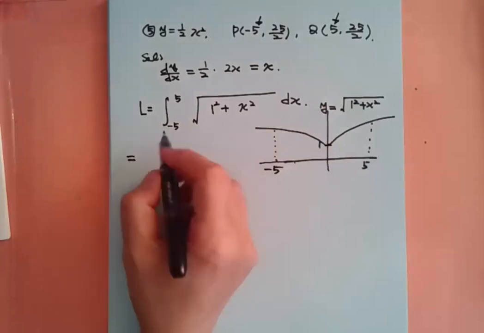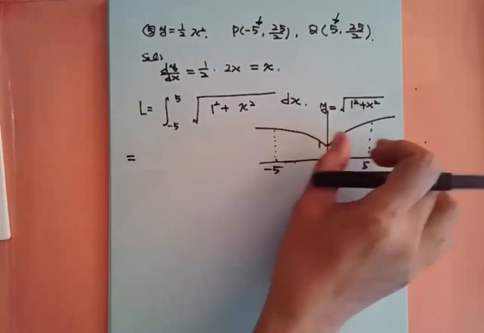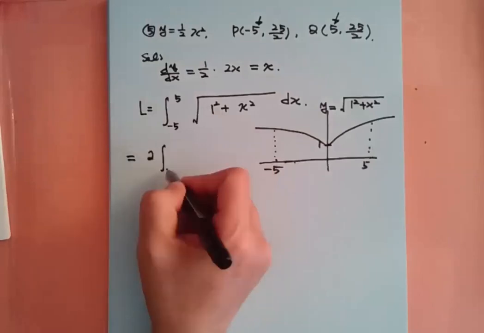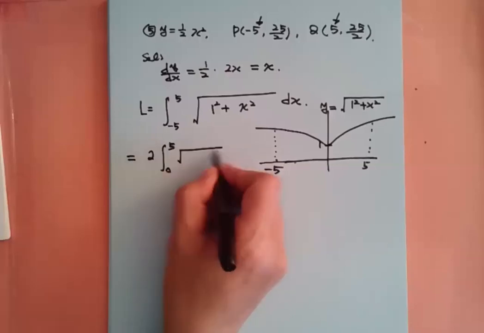That also means, because that is symmetric with respect to y, left side and right side are the same. So 2 times the integral from 0 to 5 of square root of 1 squared plus x squared dx.